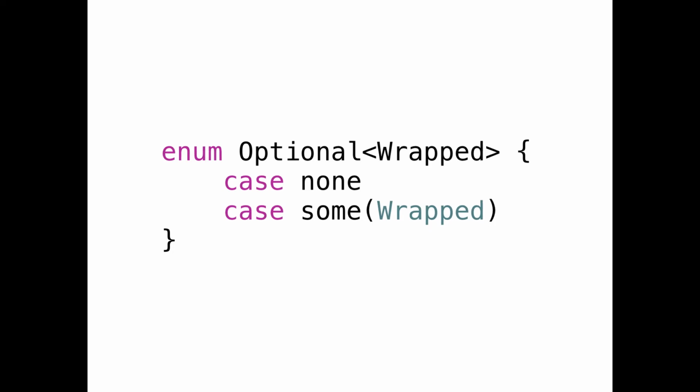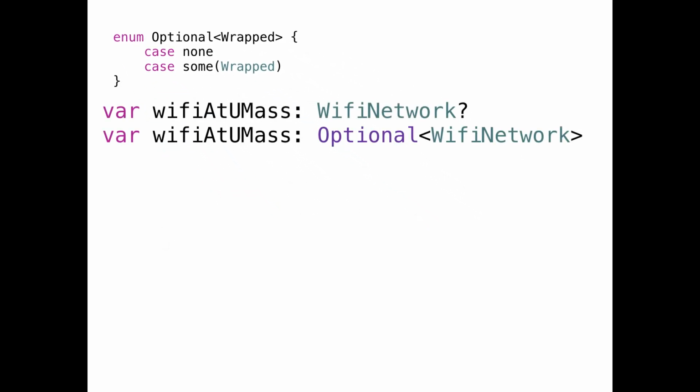When we look at our Wi-Fi network, what I'm trying to show here is that the question mark is just syntactic sugar. We could write Wi-Fi network as an optional, utilizing the syntax on the fourth line there. Swift provides us some syntactic help to make this a little bit quicker. But what that really means is that we've got some optional type, and our generic identifier is getting replaced with WiFiNetwork.